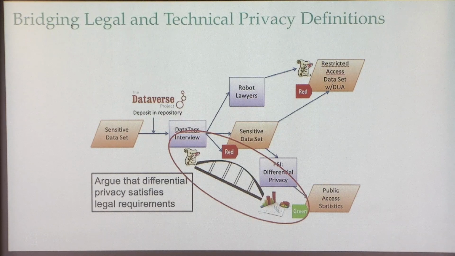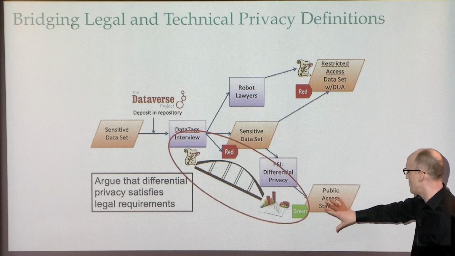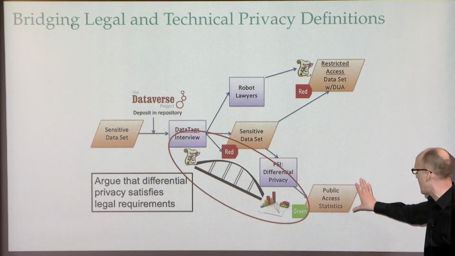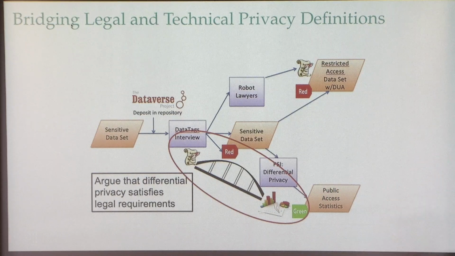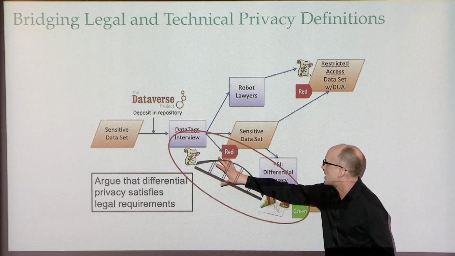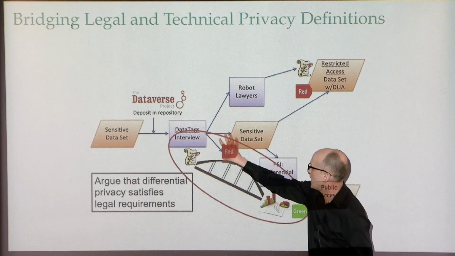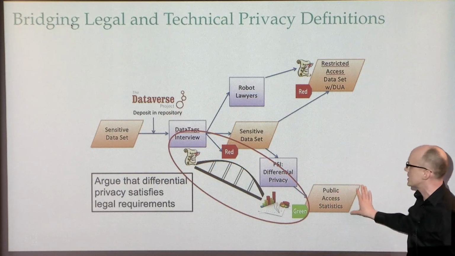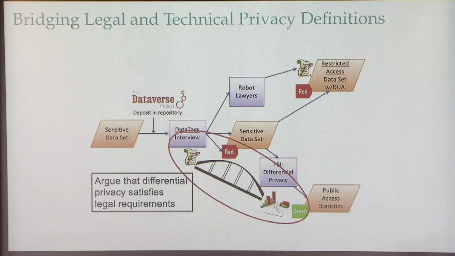Alex has already talked about bridging work, which is a central part of this: understanding if we want to get to public access statistics, things that can be released to the general population that are summary statistics, how we can translate data sets that came in as red into summary statistics that go out as level green or level blue. That's an important part of this process.